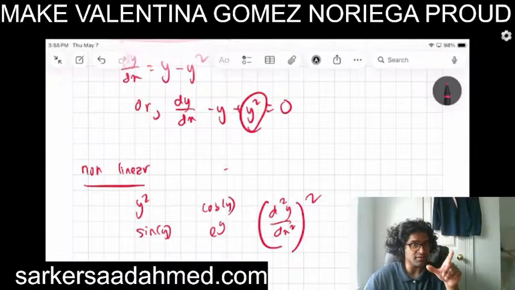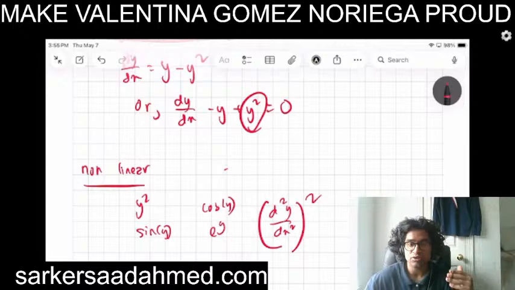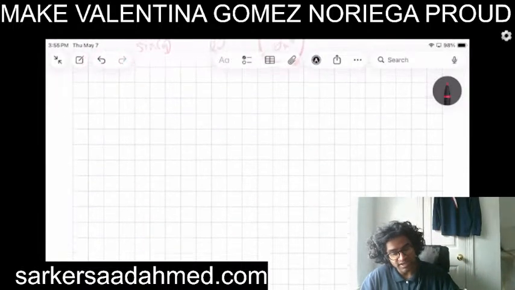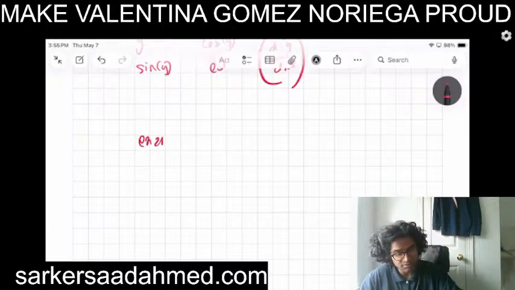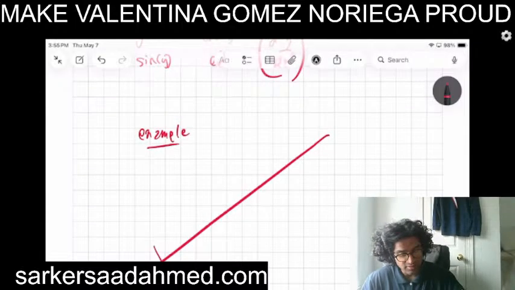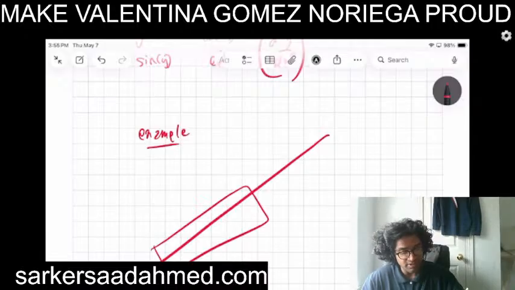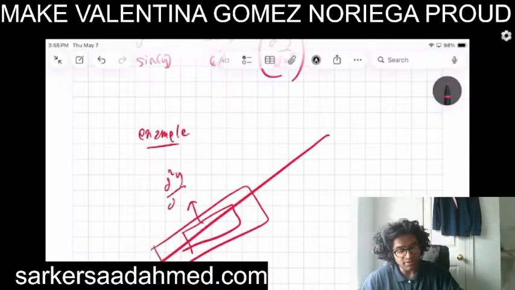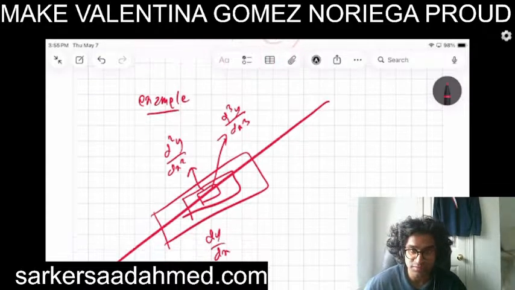I'm zooming in. So if you look at a line, you see a line. Let's say this is a line: first order derivative will be dy by dx, this will be d square y by dx square, and this section here will be d cube y by dx cube, and so on and so forth.